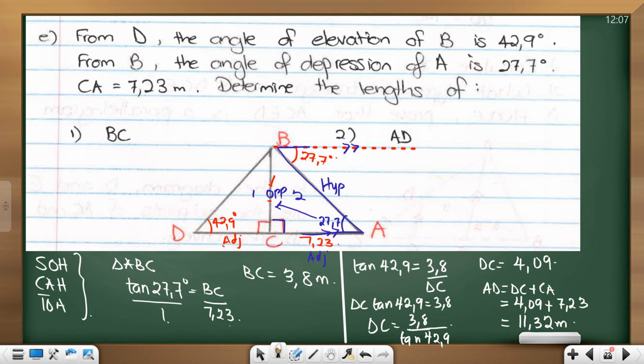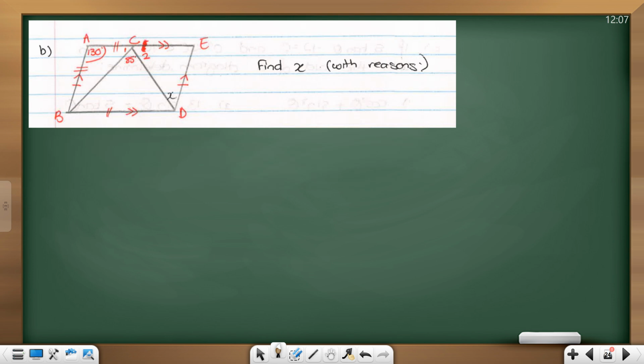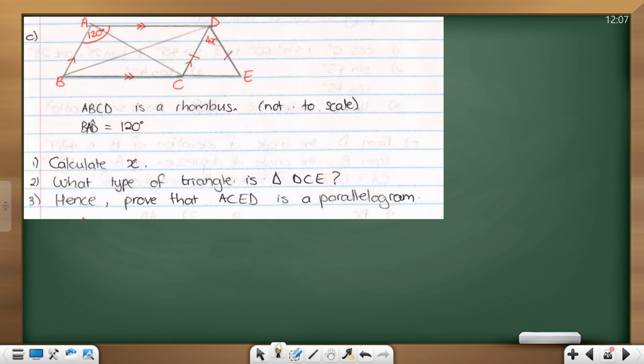We are left with Euclidean geometry. Also I need to remind you of your trig graphs.